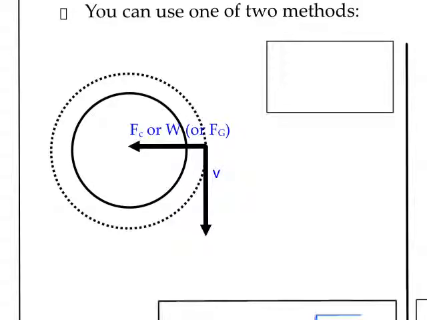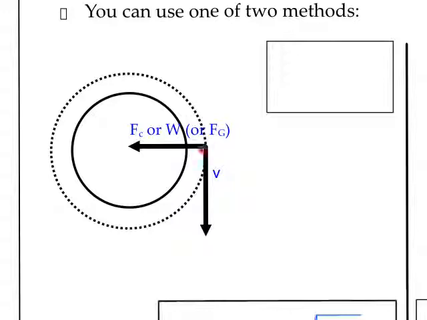Imagine this is the Earth, and the dotted line going around would be our orbit. The velocity is going to be tangent to the path, so if it's going around clockwise, this would be the direction of the velocity. And then the centripetal force is because it's moving in a circle and it's directed toward the center of the Earth.